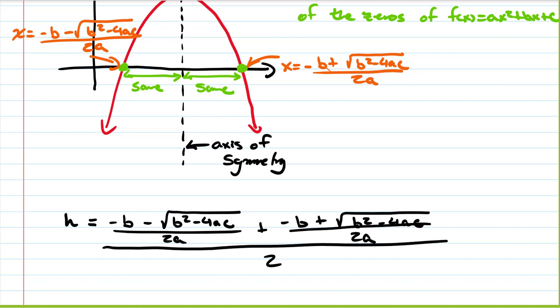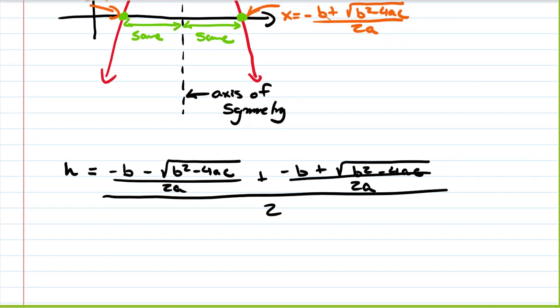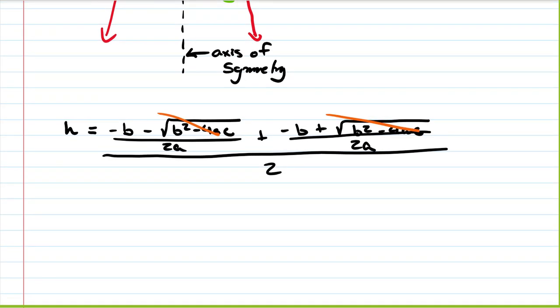But it turns out we already have a common denominator of 2a in the top, and I have a negative square root of b squared minus 4ac and a positive one. So they add up to 0 and cancel out. So then this gets a lot nicer. I have negative b plus negative b over my common denominator of 2a all divided by 2, which I can make into a fraction.